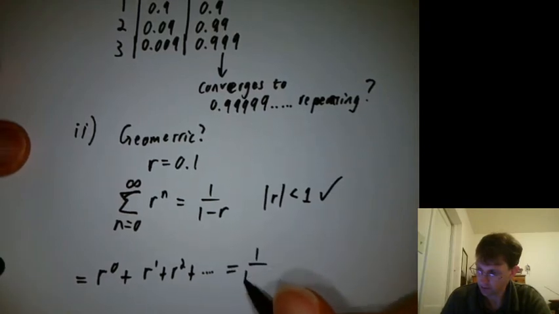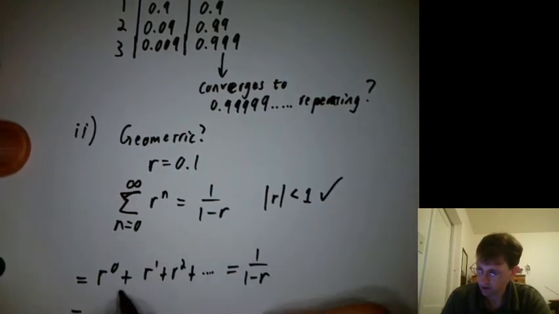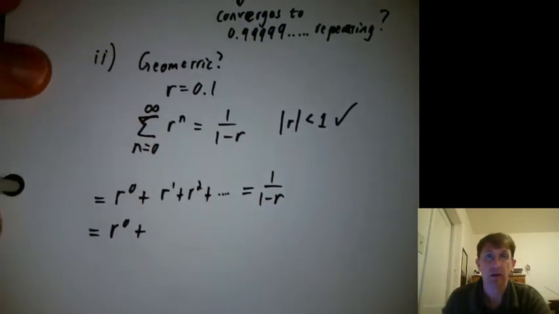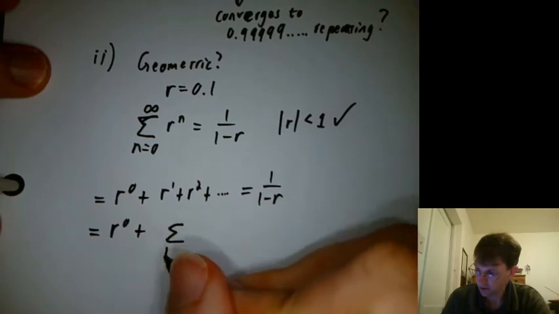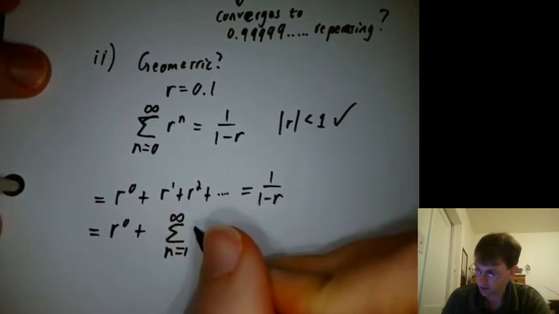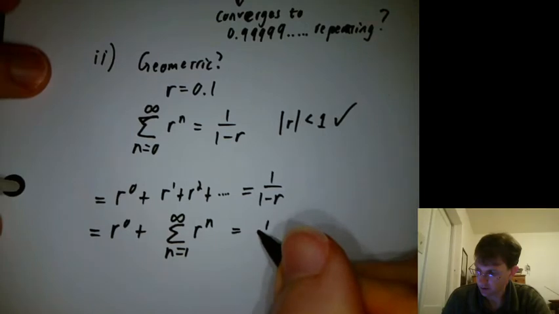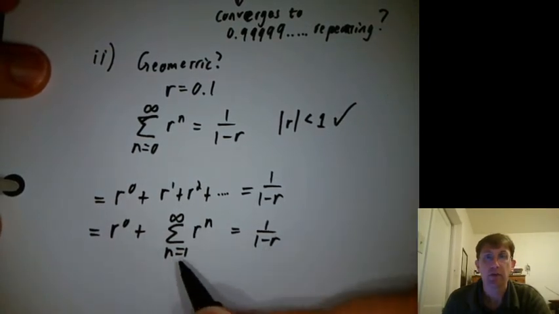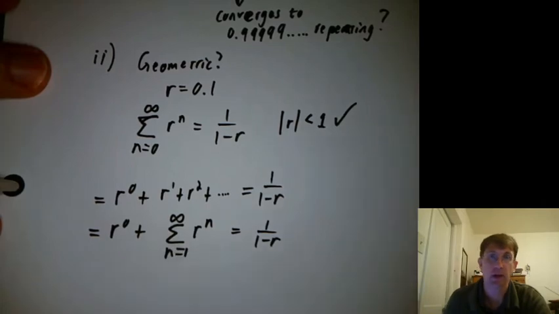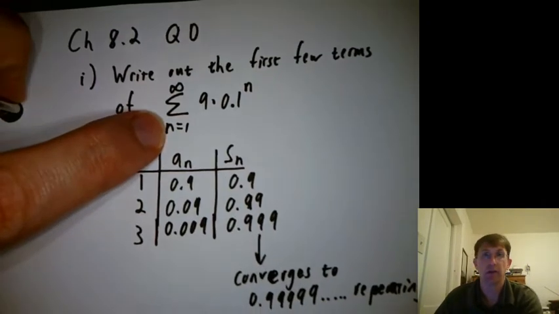And that's equal to 1 over 1 minus r. And I could say that's r to the 0 plus, and now write a sigma for that big batch, starting at n equals 1 to infinity of r to the n, that's 1 over 1 minus r. So now we have a form that's more like what we have in the original problem starting at n equals 1.